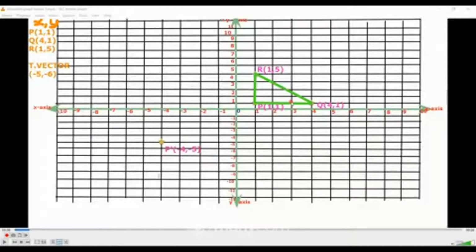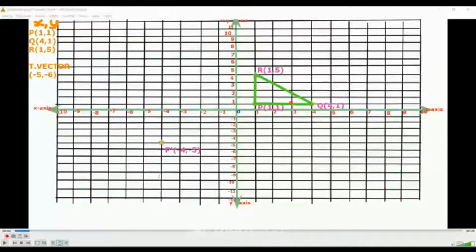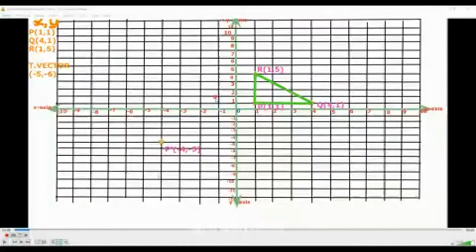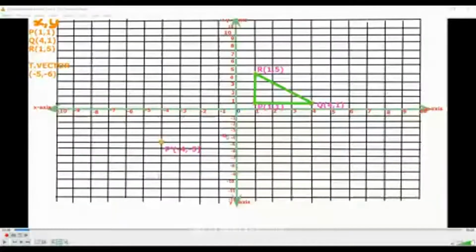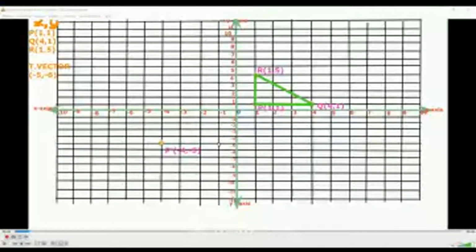The immediate one, 2, 3, 4, 5 left, 6 down, 1, 2, 3, 4, 5, 6. That will be our intersection, and that will be here. Okay, so let me write the coordinate for that.